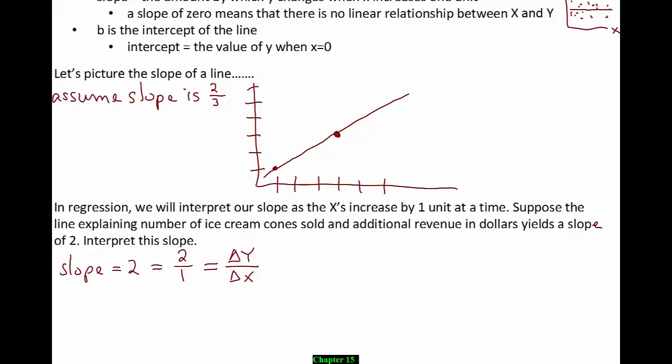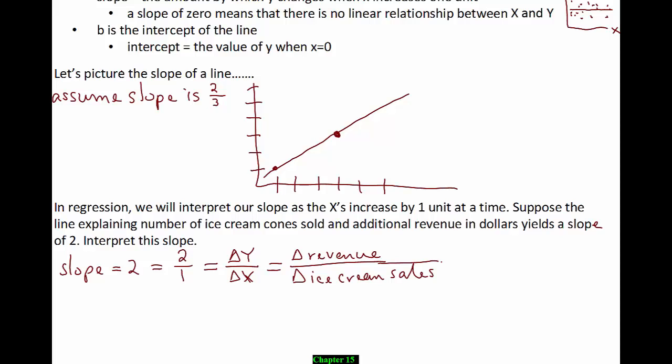We said in our setup that this is explaining the number of ice cream cones sold and the additional revenue in dollars. So ice cream cones sold would be my explanatory variable, and the revenue would be my y variable, my response. So this is going to be the change in revenue over the change in ice cream sales. Now we're ready to interpret the slope like we do in regression.